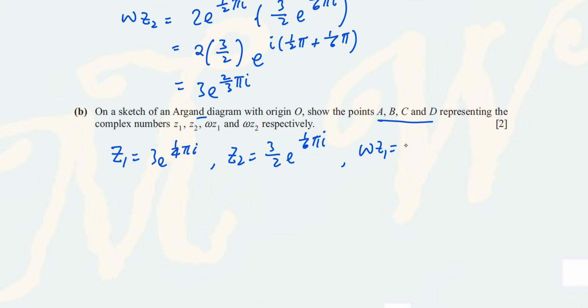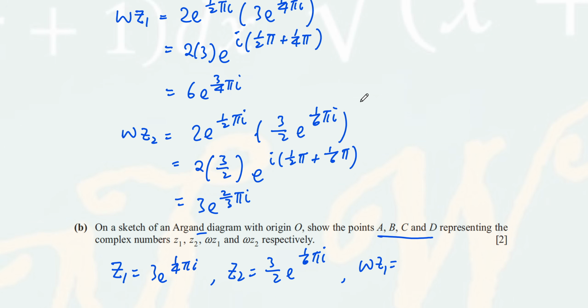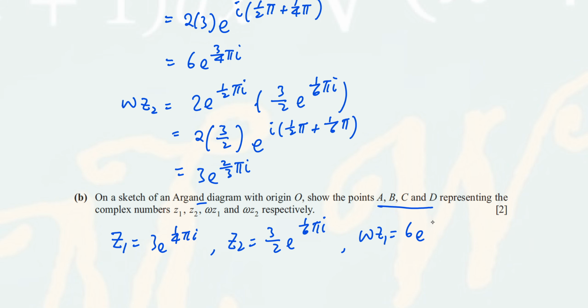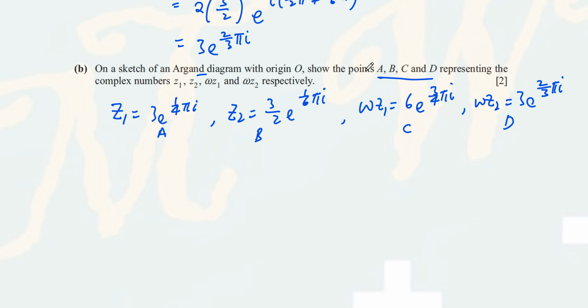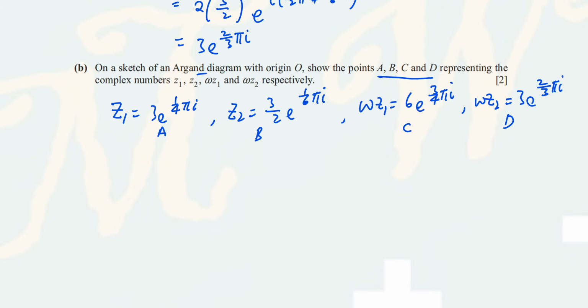Then WZ1 I just found is 6e^(3/4 pi i), and WZ2 is going to be 3e^(2/3 pi i). Okay, this corresponds to points A, B, C, and D. You need to draw these 4 points.